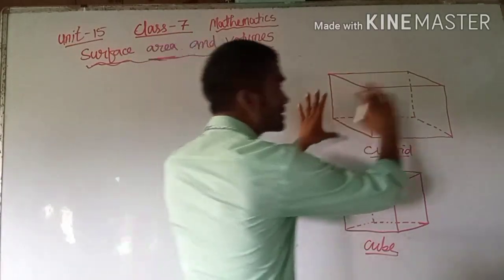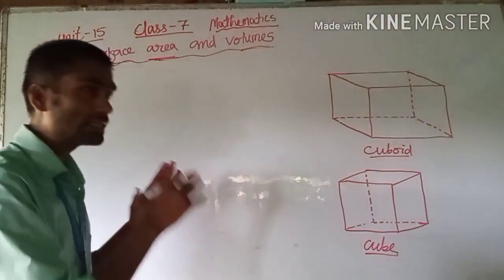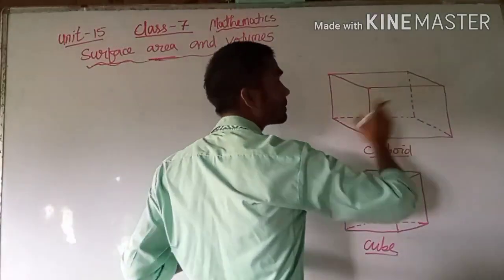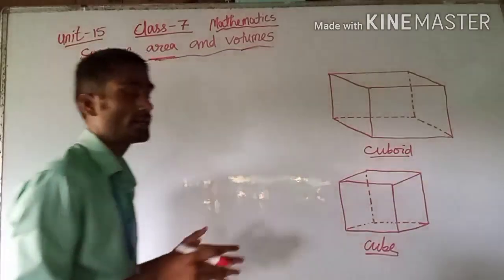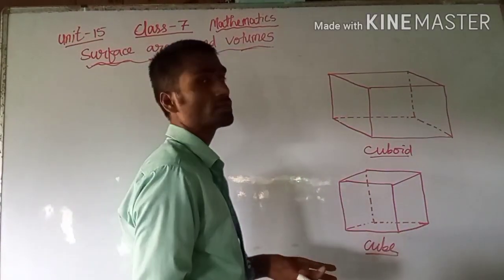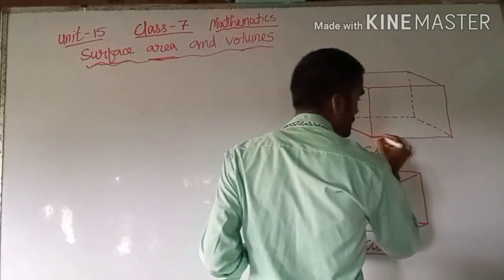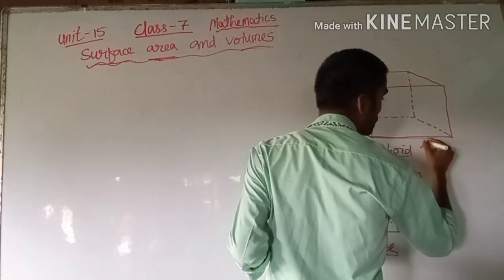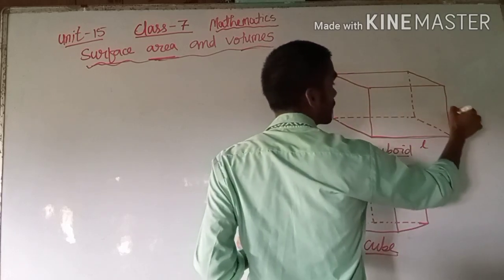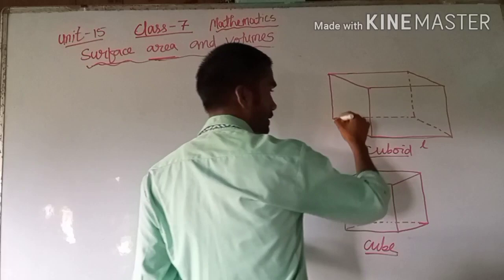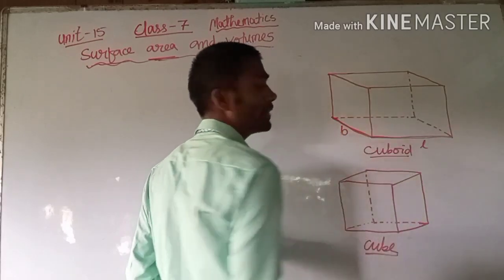Now cuboid, here we are going to discuss 3-dimensional. That means the front side, what we can look at, and at the same time the back side also has the same length and breadth. So that 3-dimensional figure we are going to talk about. Now here, this is the length and this is the breadth.